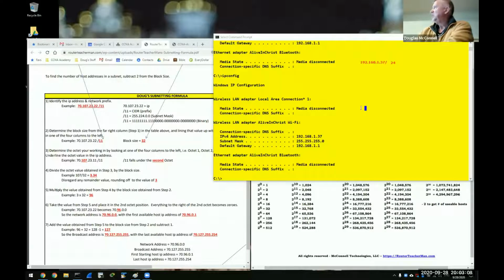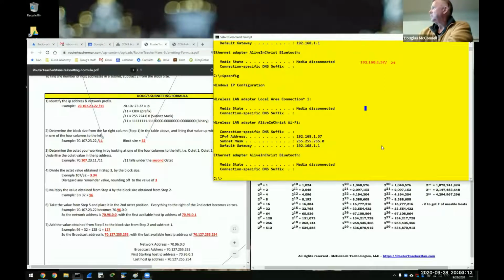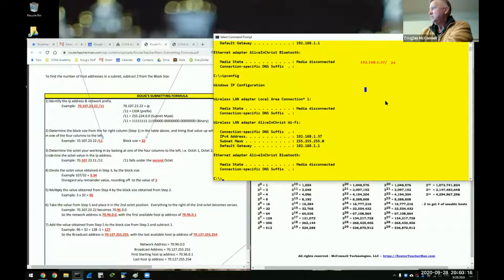Okay, what's step 2? What do we do? Determine the block size. Okay. What is the block size? 1. You sure?